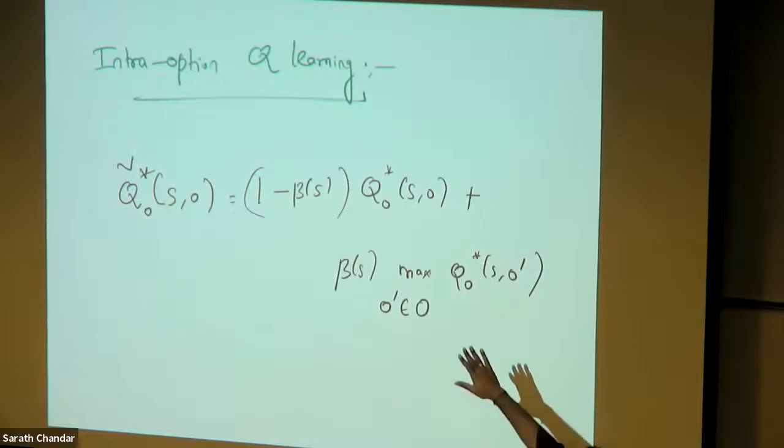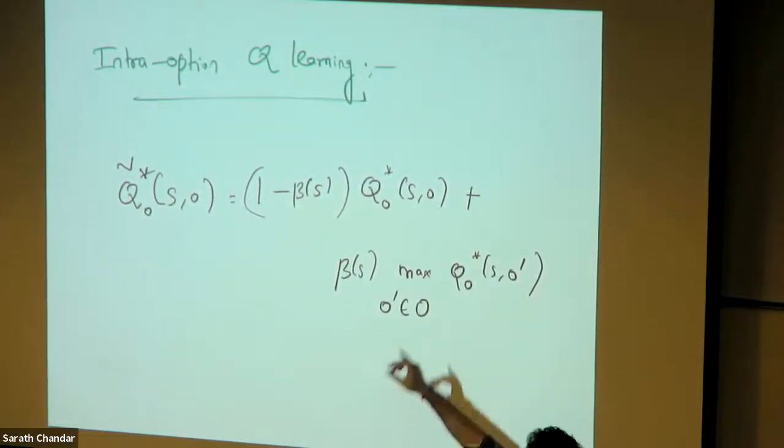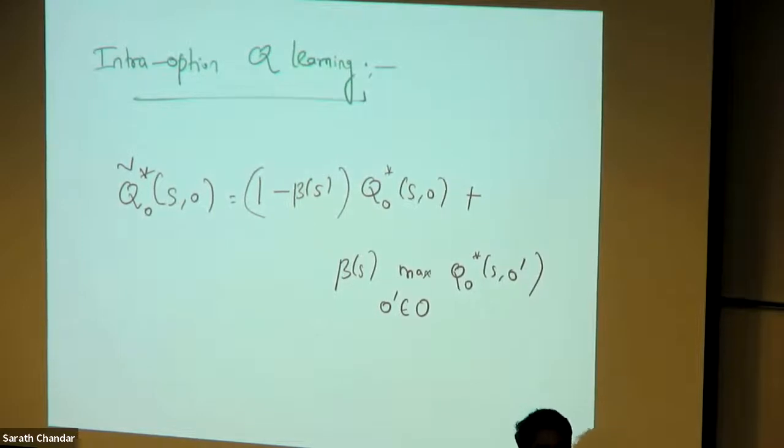With 1 minus beta probability, I stay with my option, so my Q value is the same as what I would get from this option. However, with beta probability, I might switch option, in which case my Q value from that state is the max over all possible options. Is that clear?